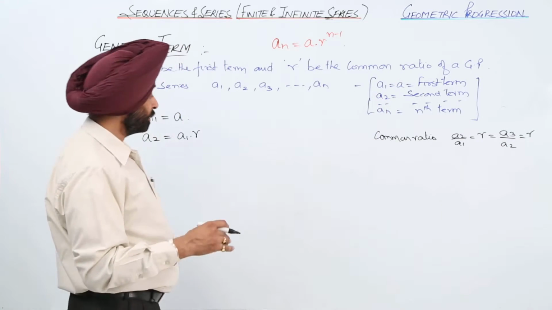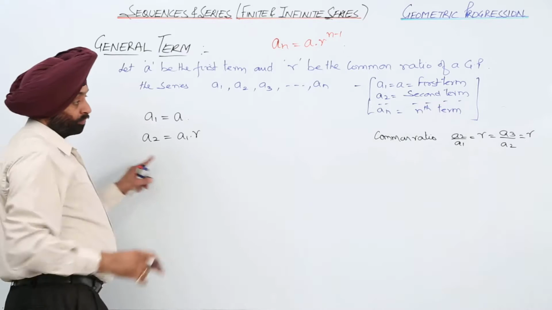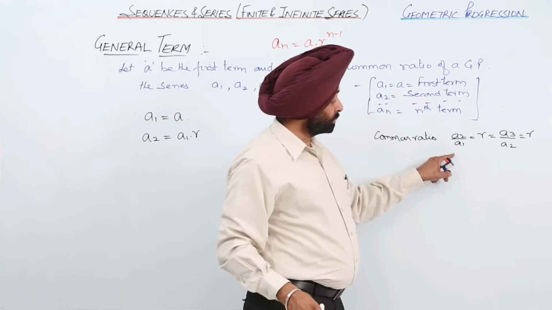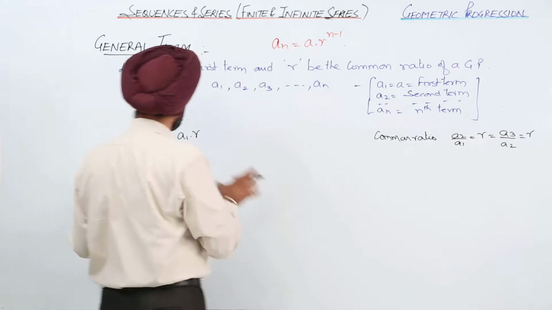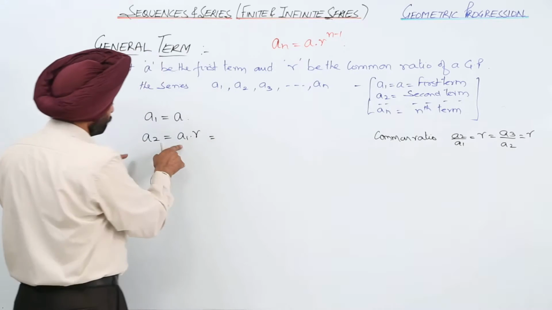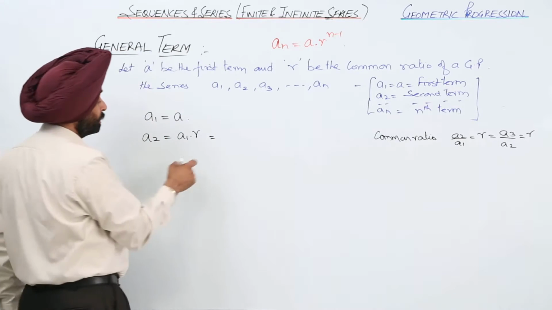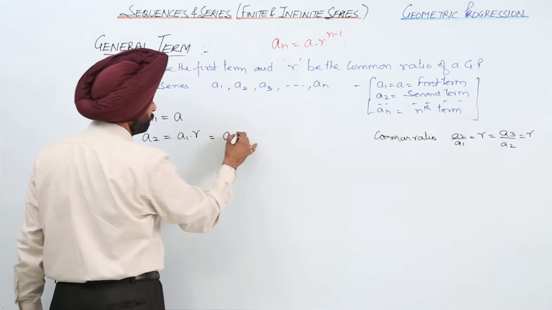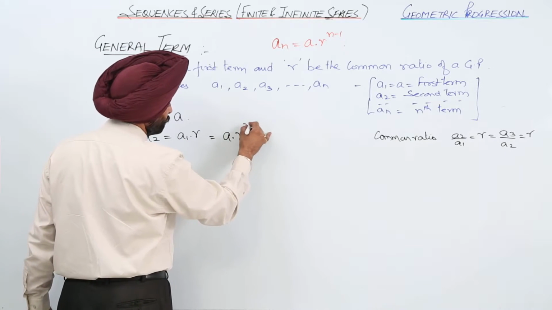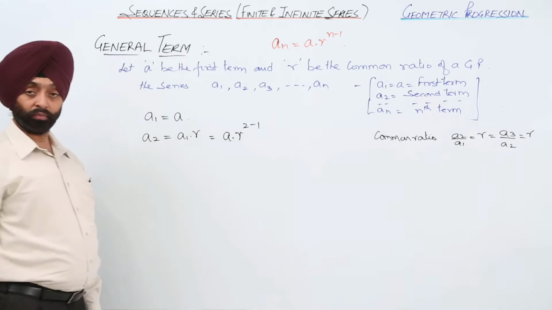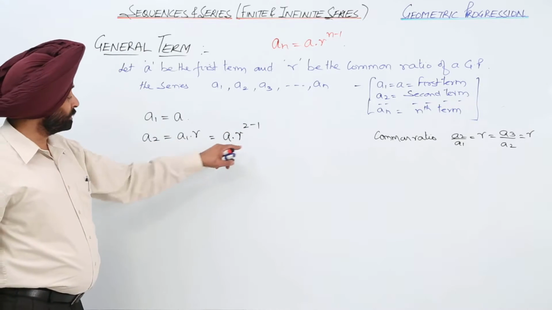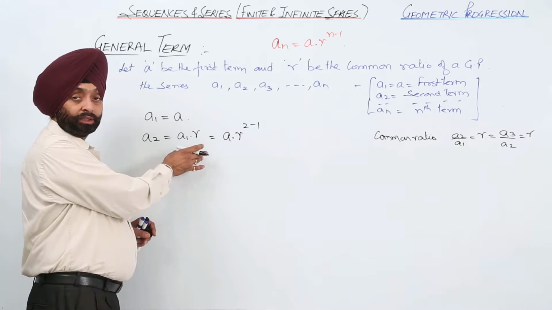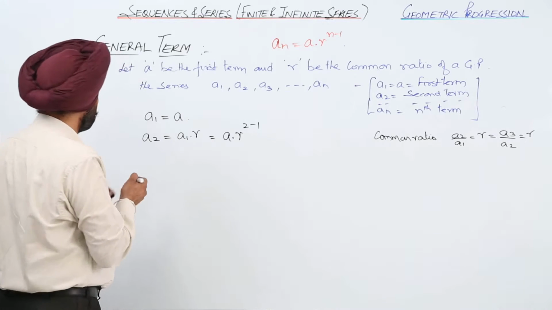A4 upon A3 is R. So A2 will be what? From here A2 is equal to A1 times R. Now A1 is equal to A. So we can write A1 as A, so A2 is AR. Now can I write it as AR to the power 2 minus 1? 2 minus 1 is 1, so it means we have not changed it. It is AR only.